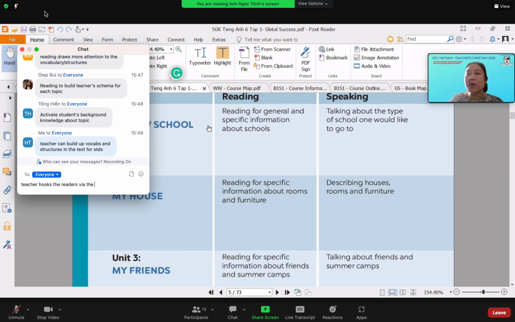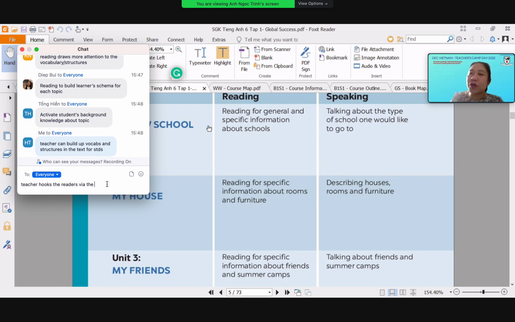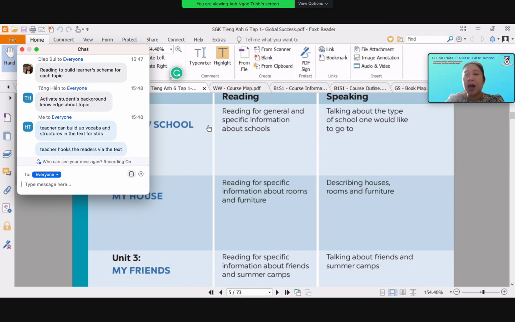Of course, I agree with you to activate the prior knowledge or maybe to provide new knowledge on a particular topic like new school. School is not a very up-to-date topic for them. However, maybe from reading they can explore more information about the topic. And this is just our assumption, right? Just our imagination about the book.